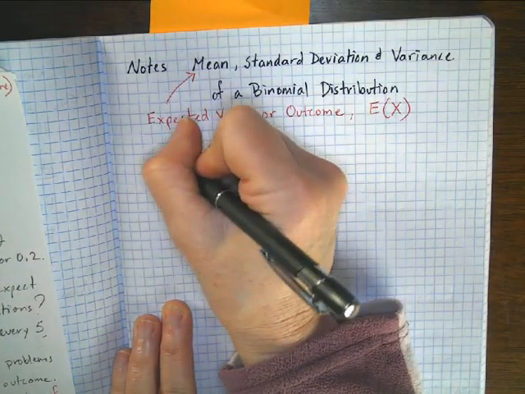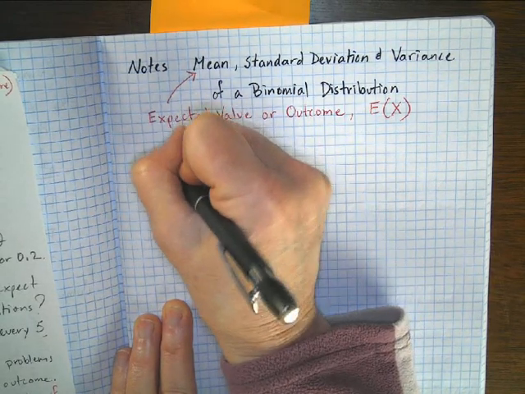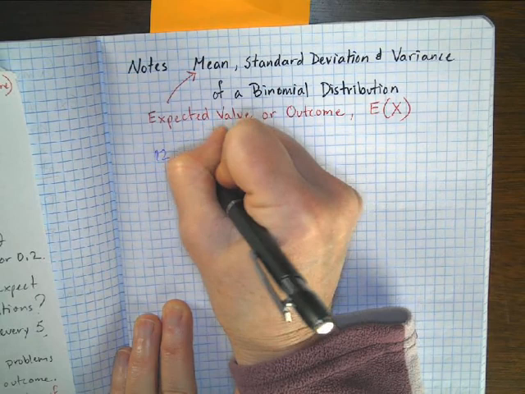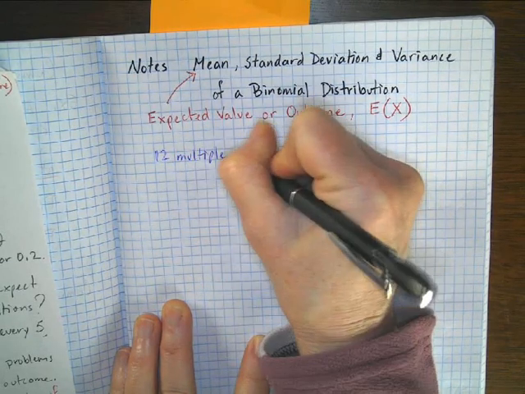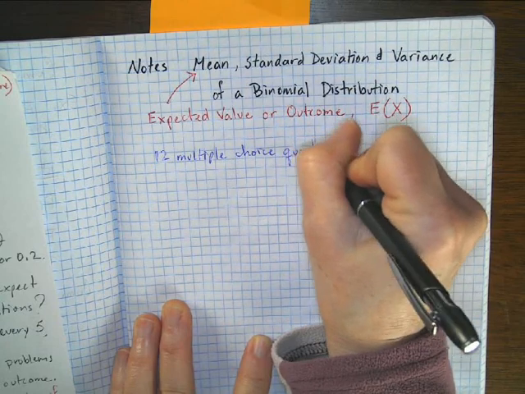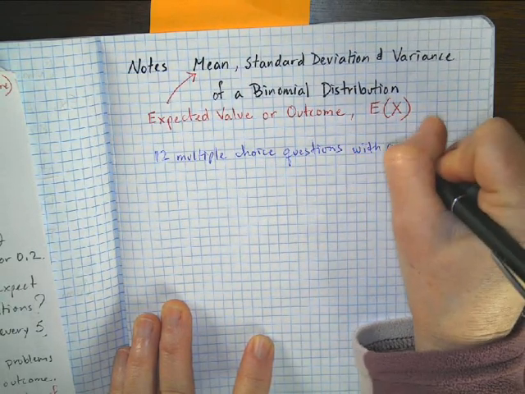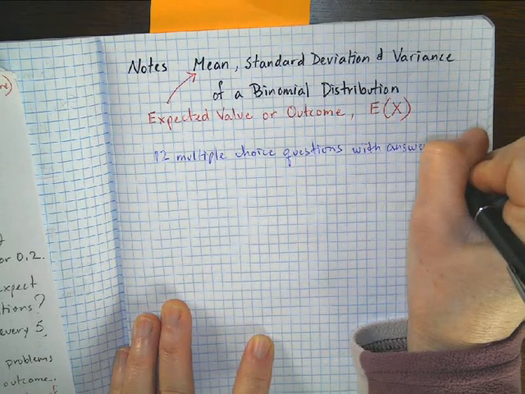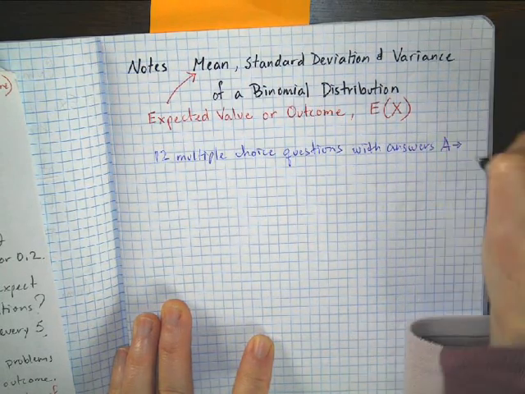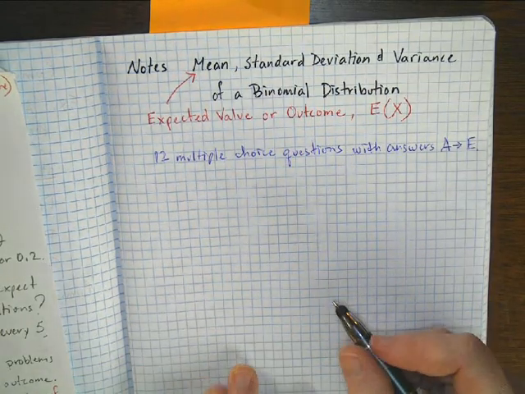we have 12 multiple choice questions with answers A through E. Okay, so we would have a probability of getting each question right.